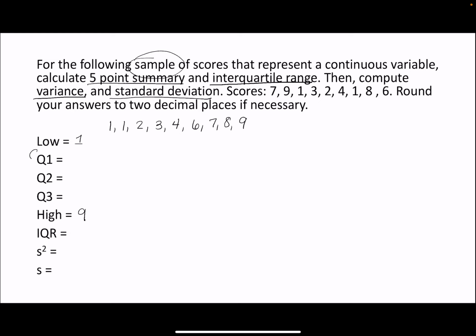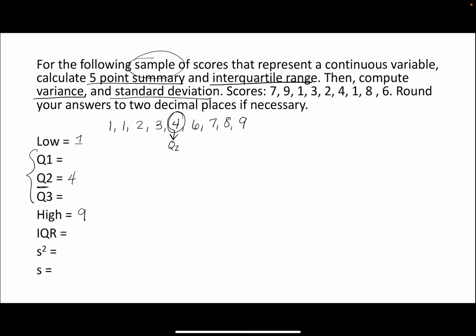Now we need to do our quartiles. We always start with Q2, which is our center number. We count how many numbers we have: 1, 2, 3, 4, 5, 6, 7, 8, 9. Since we have 9 numbers, our median, or Q2, is just our center number, which happens to be the number 4. So this is our Q2.